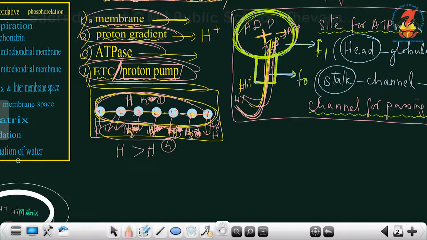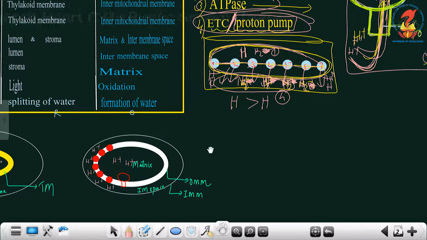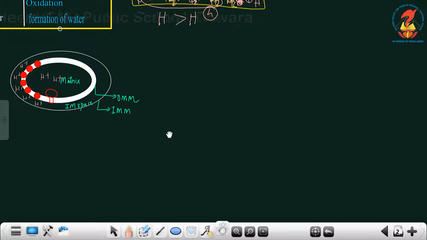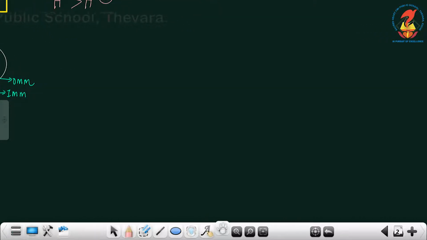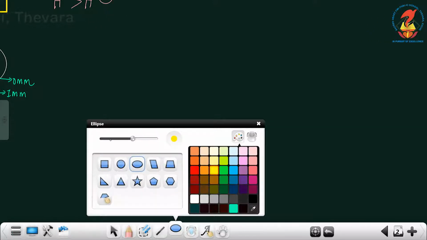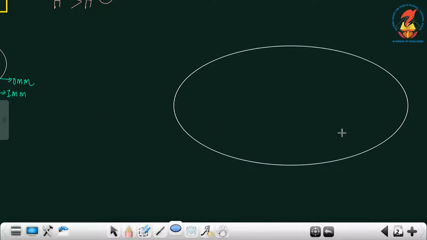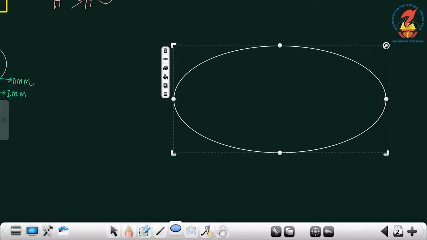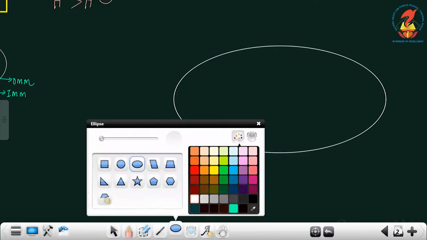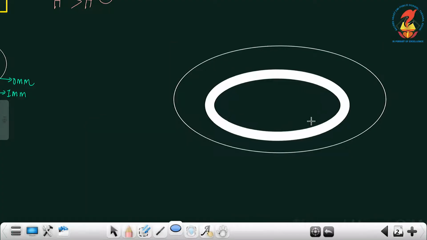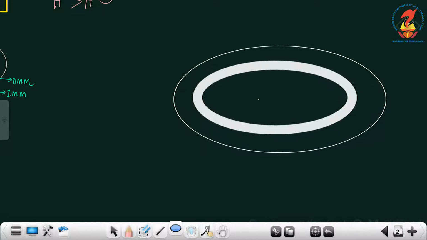Now having this in mind, I am going to draw the electron transport chain operating in the mitochondria as well as in the chloroplast. First let me draw the electron transport chain operating in the mitochondria. So now this is depicting the outer mitochondrial membrane. Next I am going to draw the inner mitochondrial membrane.